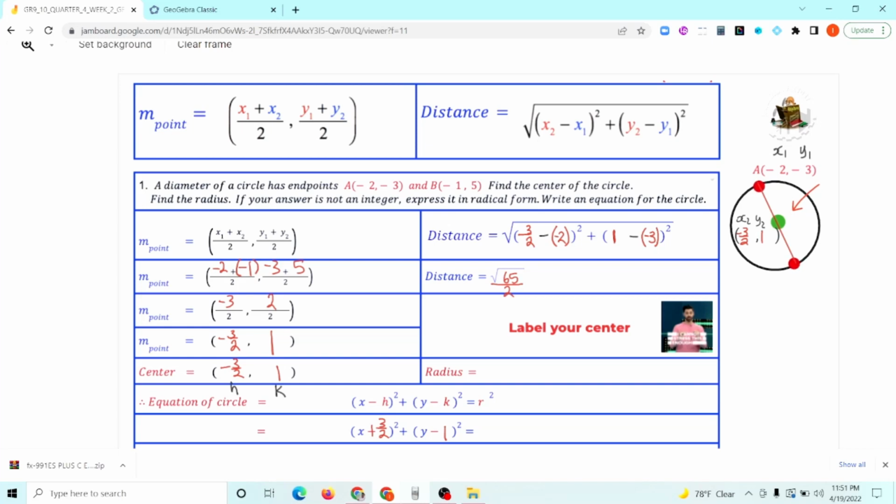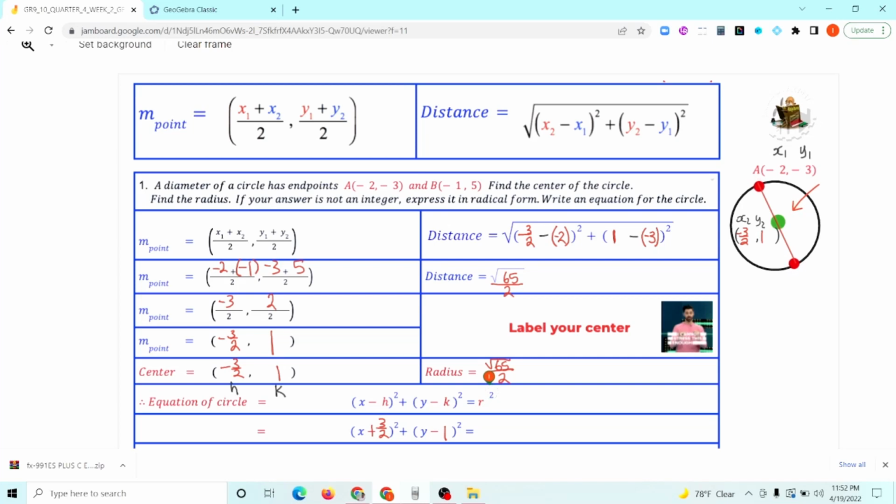That's just the radius. That's not the radius squared, so don't get confused. This is only the radius from there to there. But in the formula, we have to square it because that's what it says. So the radius is the square root of 65 over 2, but remember, in the formula we square the radius.